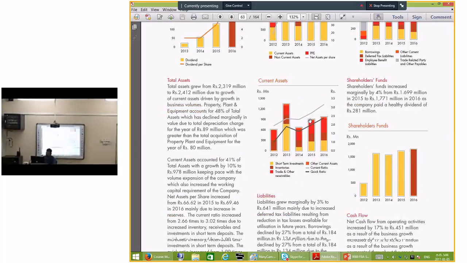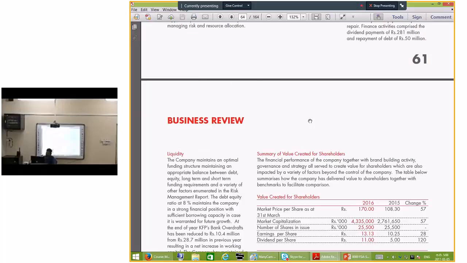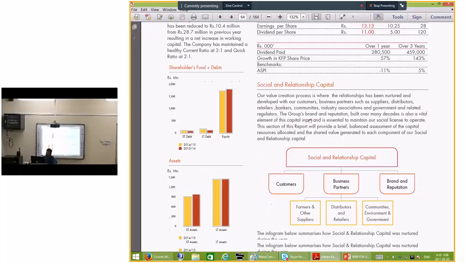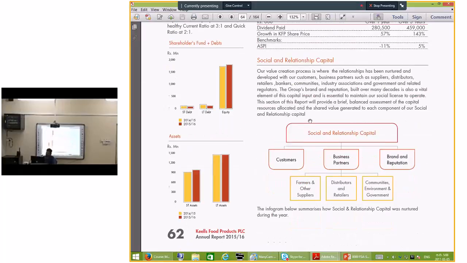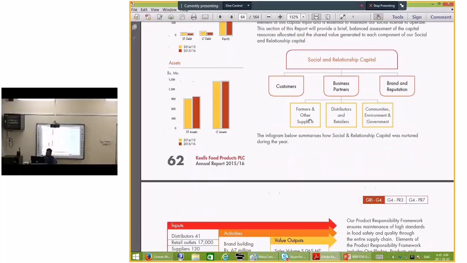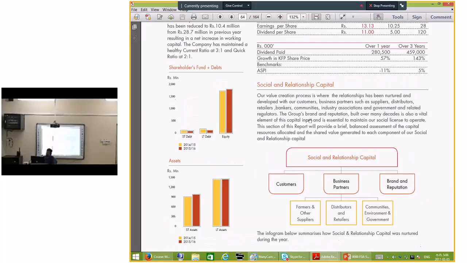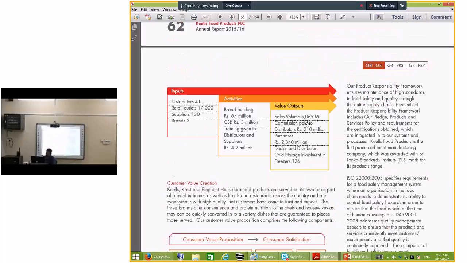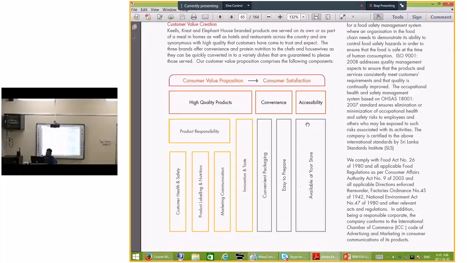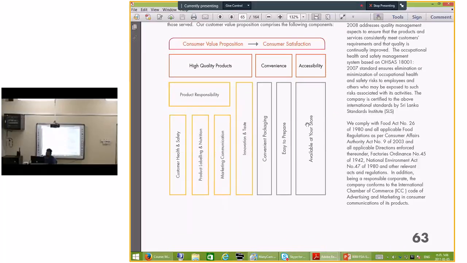Production, the manufacturing companies, and also business review, the social and relationship capital. Now that is the new concept here, the new word they are using, social and relationship capital, social capital. Then you can see a number of concepts here.